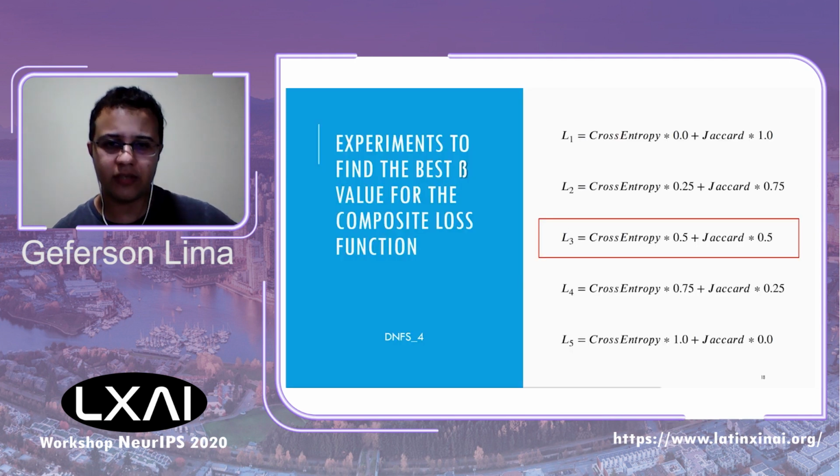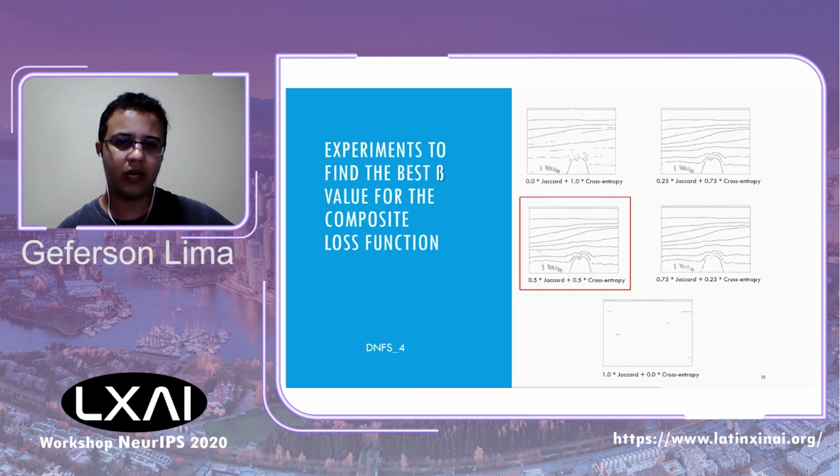Here are the equations of the composite loss function and the experimental values for beta. The chosen value was 0.5, and this value led to high accuracy levels. The image with a red rectangle represents the best linear combination of cross entropy and Jaccard loss that we found.